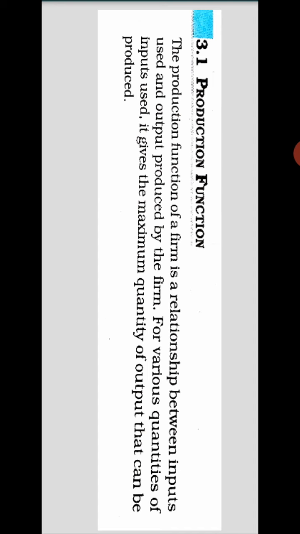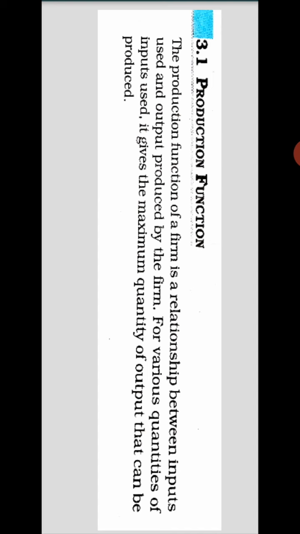For various quantities of input used, it gives the maximum quantity of output that can be produced. For various quantities of input used, that means if you are using different amounts of input, the output also changes. Example, if you are using more land and less labor, the production will not be much greater.